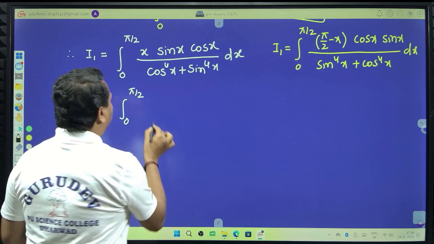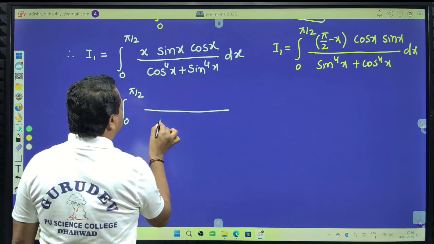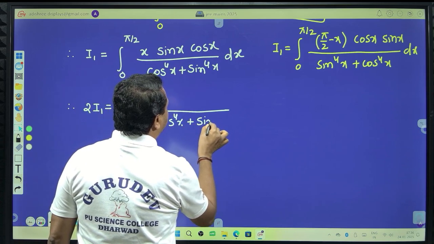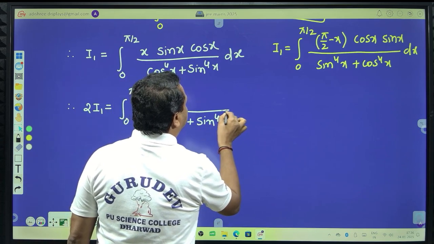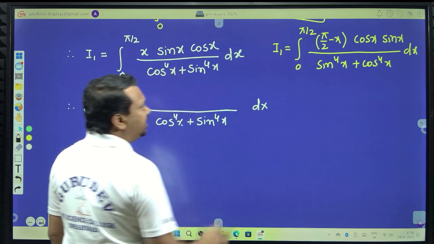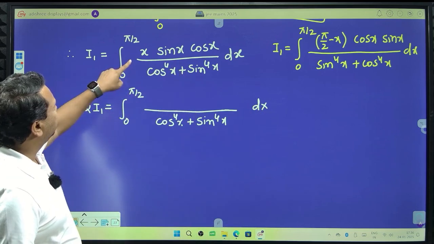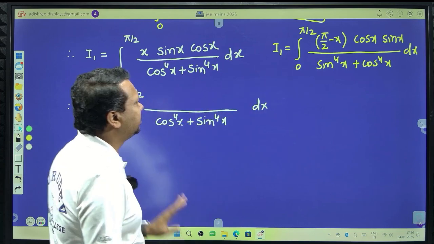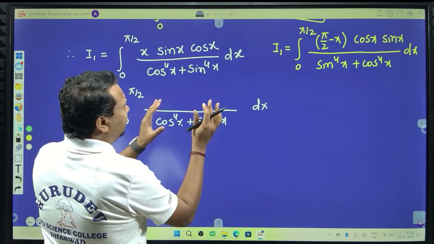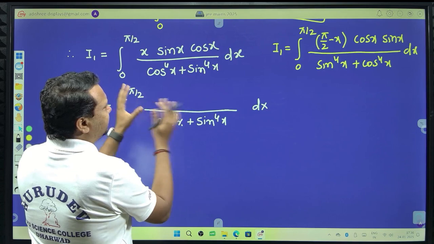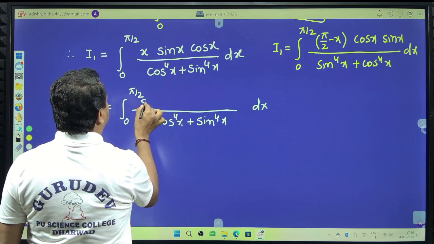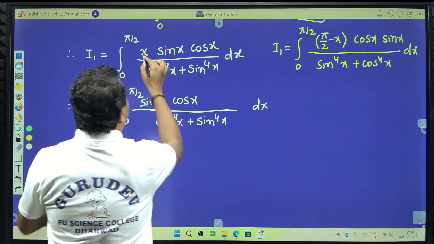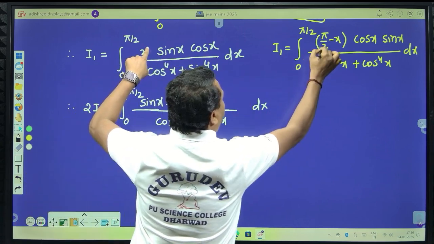See that the denominator is the same, cos raised to 4x plus sin raised to 4x dx, done. Whereas in the numerator, here if you add x sin x cos x, there pi by 2 minus x cos x sin x, you add it. When you add it, I think we can take sin x and cos x common. What is left from these two brackets? x and pi by 2 minus x.